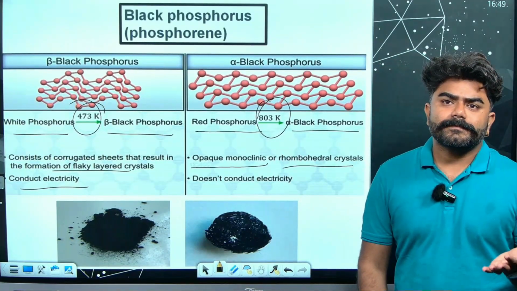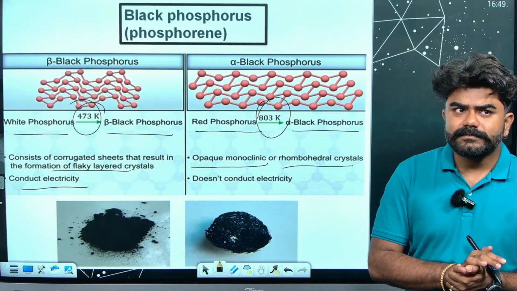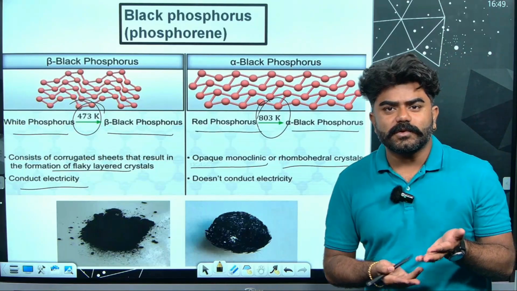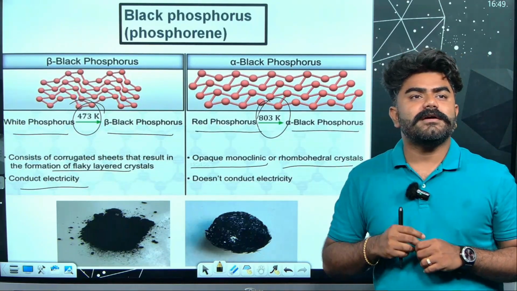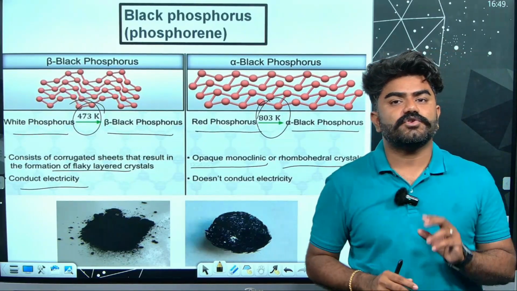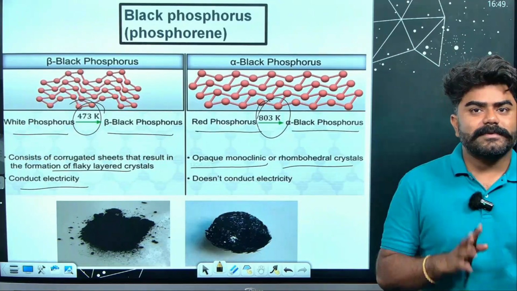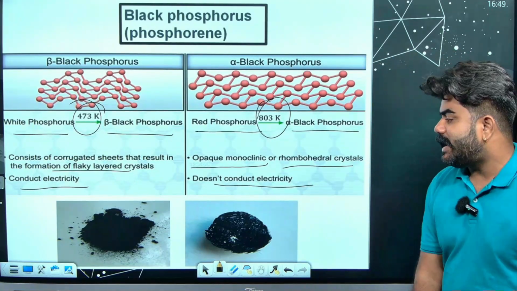Opaque-னா உனக்கு தெரியும், அது வந்து டிரான்ஸ்பரண்டா இருக்காது, that is opaque. இப்போ லைட்டை பாஸ் பண்ண விடாதது தானே நம்ம opaque objects சொல்றோம், அந்த மாதிரி இது இருக்கும். And monoclinic, rhombohedral அப்படின்னா என்னன்னா, it is the name of a structure, monoclinic, rhombohedral, octahedral, இந்த மாதிரி அந்த geometry-யை வந்து அப்படி சொல்லுவாங்க. And it does not conduct electricity.